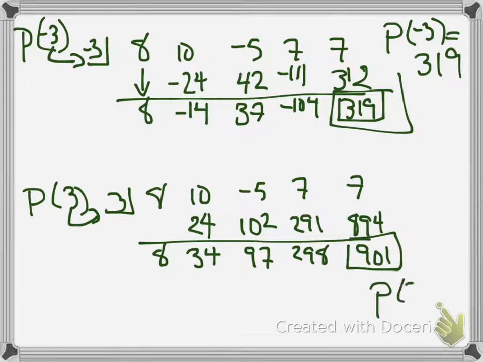So p of 3 is 901. That means technically if you put 3 in place of the x's, you would get an answer of 901, or in the other one, 319.